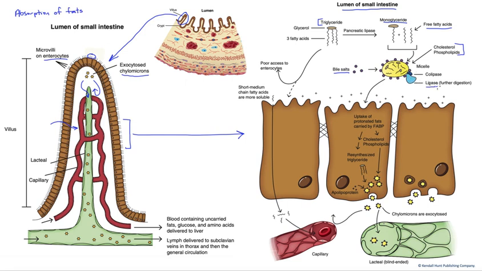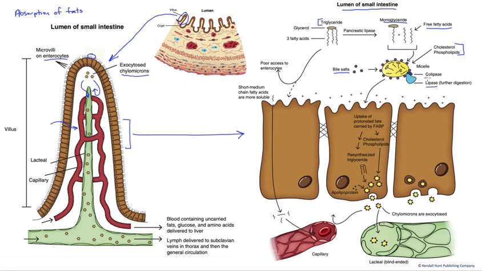Well, the lipase molecule is hydrophilic, and our bile salts oppose its association with those fats. The bile salts are emulsifying the fats, but that actually creates an inhibition for this lipase.